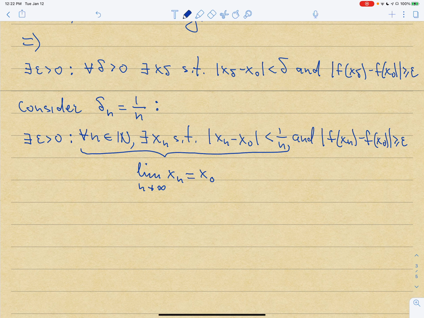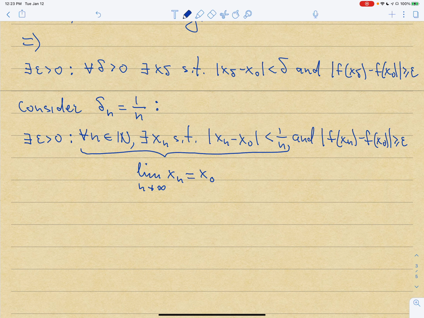Because when n goes to infinity, xn minus x0 is less than 1 over n. So by comparison, 1 over n goes to 0. So that means that xn minus x0 goes to 0, and that means that the limit of xn is x0. So this is true by comparison.